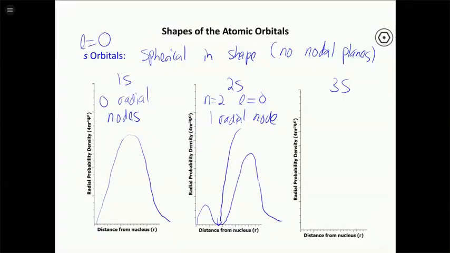Now, one of the great mysteries in life is, how does an electron go from a place over here that has non-zero probability to a place over here that has non-zero probability while crossing over a place that has no probability? How is that even possible? That's called tunneling, and that's one of the great mysteries of life as far as I can tell. I mean, it's a quantum mechanical thing. That's how people always explain things they don't understand: oh, it's quantum mechanics. But there's this place here where the electron cannot exist at this distance, yet somehow it can exist here and it can exist here. That's kind of a far out confusing thing to think about.